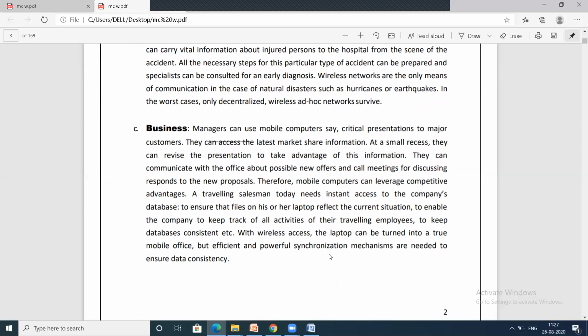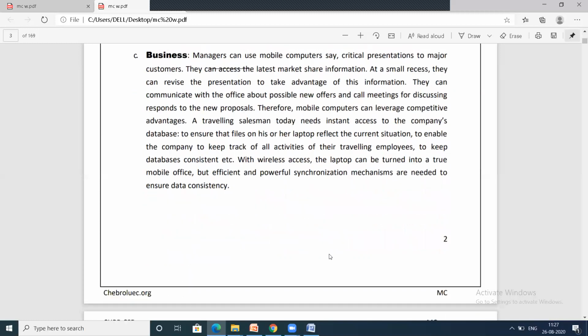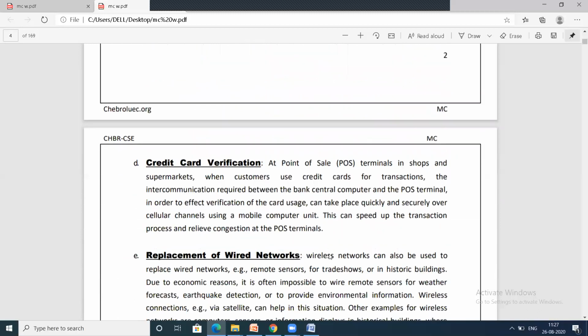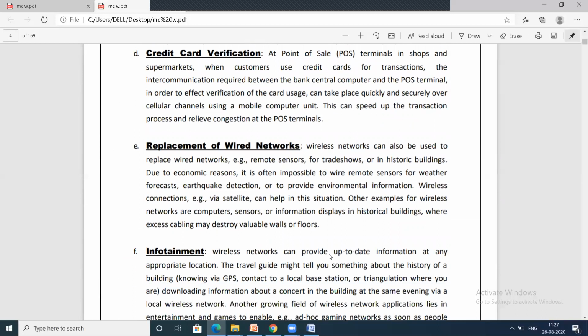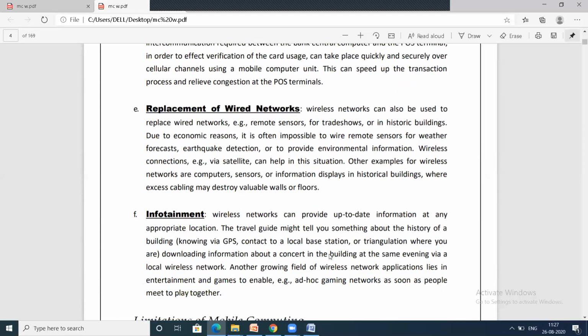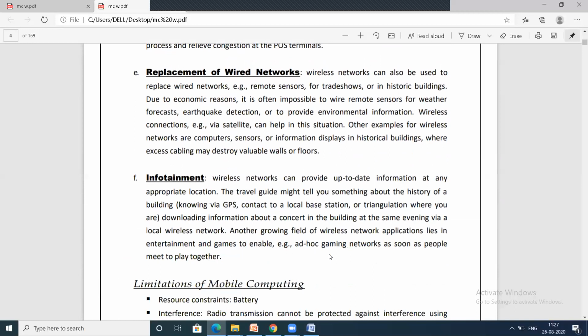At that point of time, he may use his mobile device, and he might know the status of the business and the stock at the stock room and everything. This is the business case. And credit card verification systems, replacement of wired networks, and infotainment. These are several applications of mobile computing, and in all these applications, mobile computing will be useful.